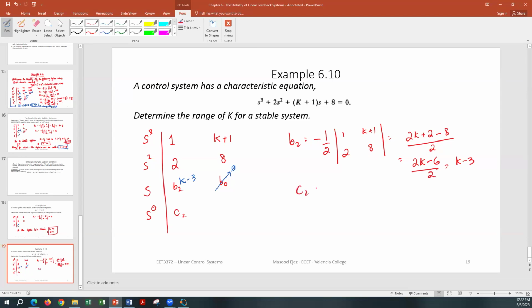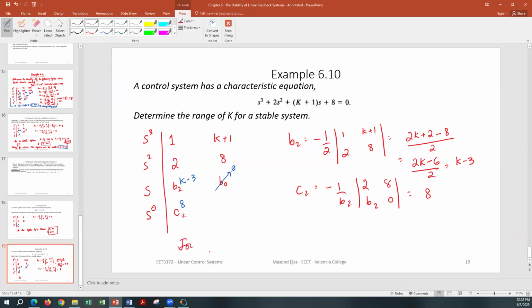So c2 will be negative 1 over b2 times the determinant of b2, 8, 2, 0, which will give us (0 minus 8 b2) divided by negative b2. So that's going to be 8. In order for the system to be stable, k minus 3 has to be greater than 0.